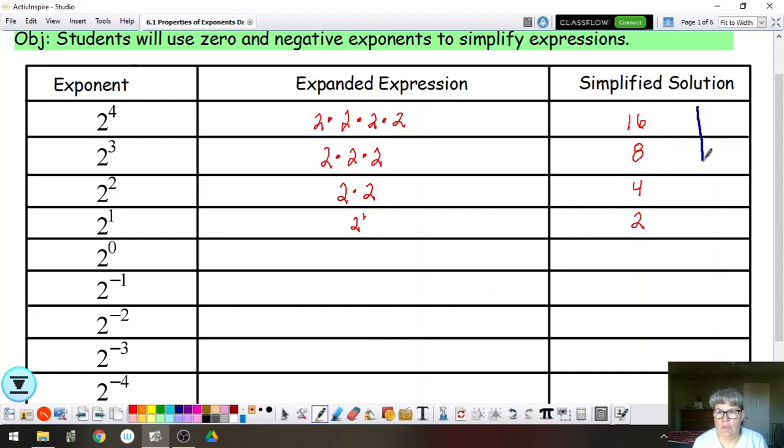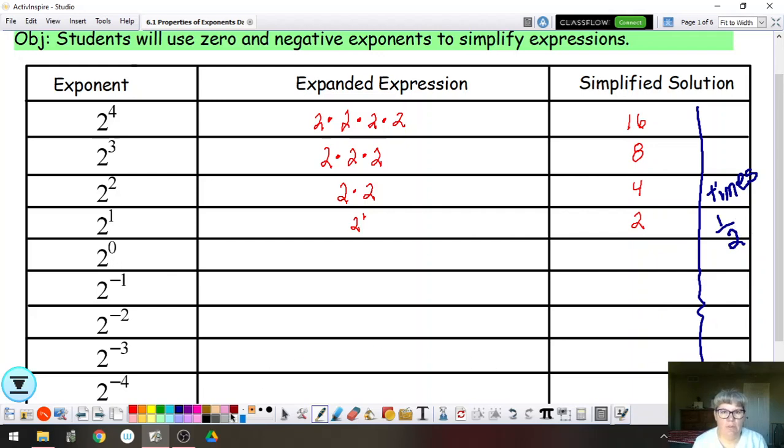So as we go down this table, we are multiplying the value times 1/2.